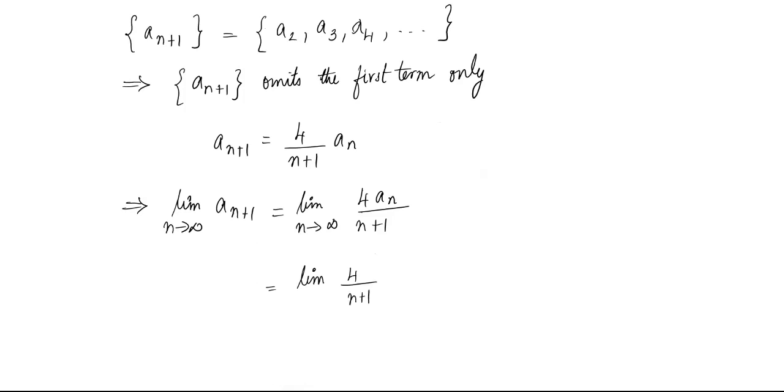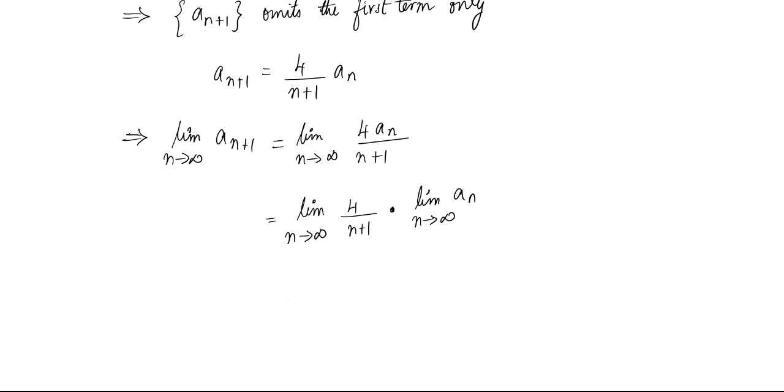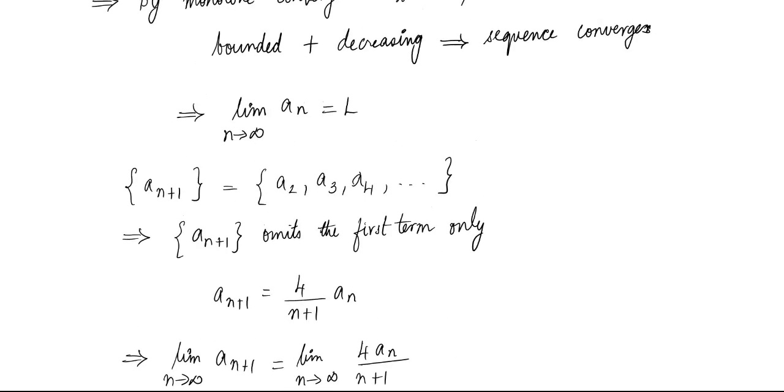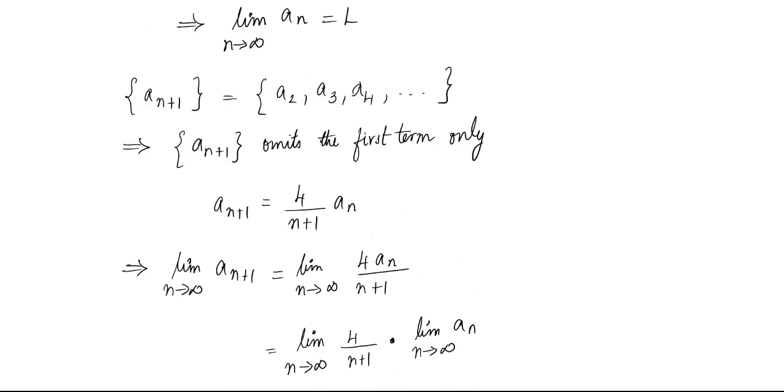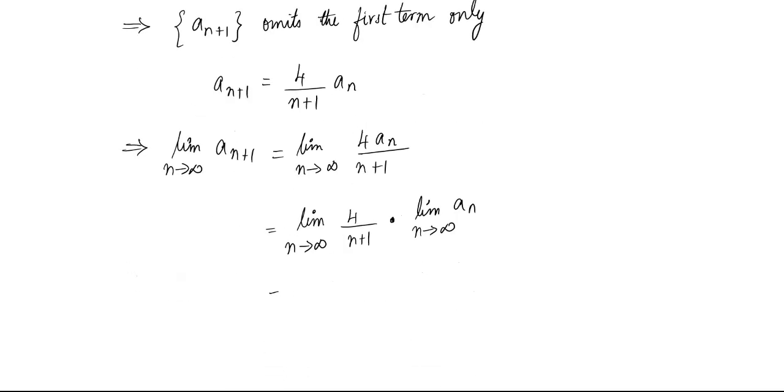Separate the 4 over n plus 1 from the a_n, because we know that the limit of a_n approaches L. That's an assurance that convergence gives us. We know that it's convergent because of the boundedness and the decreasing. So it has to converge to some L. See what happens here.